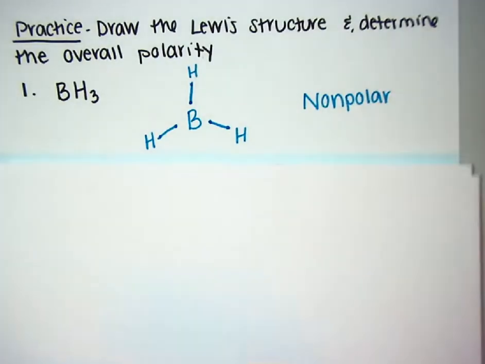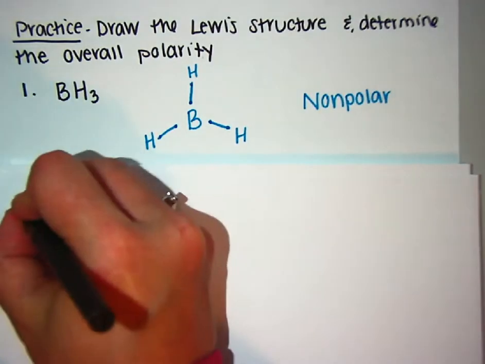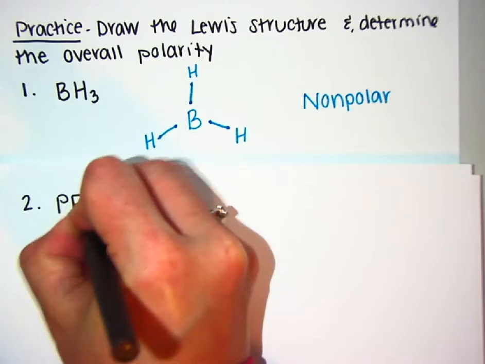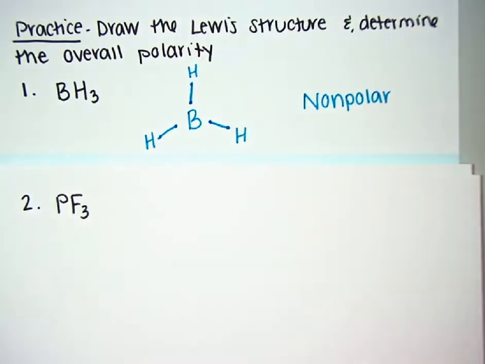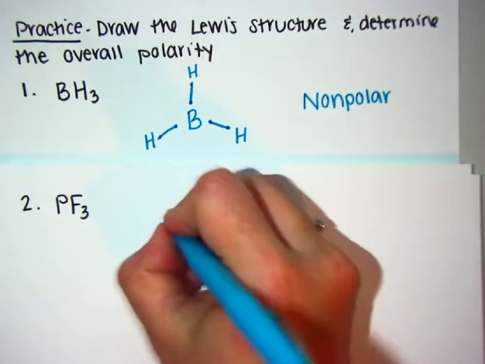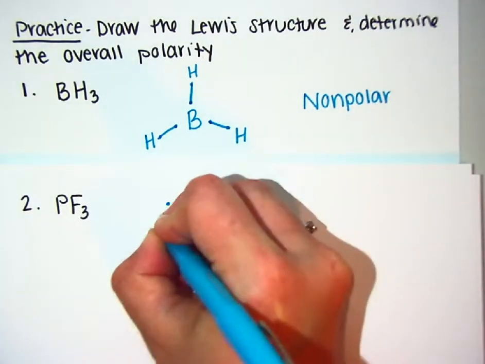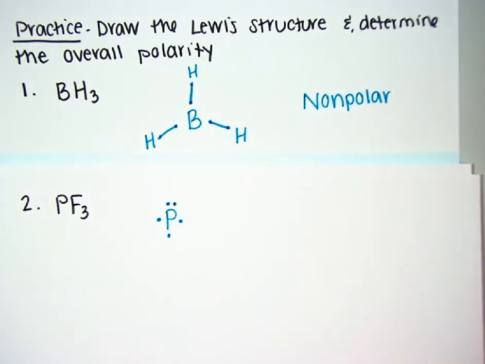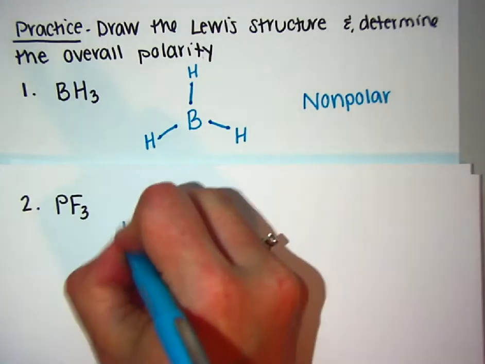Number 2. Phosphorus trifluoride. So step 1, we need to draw the Lewis structure. Phosphorus is in group 5. It gets 5 valence electrons.